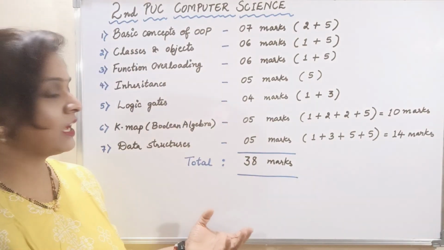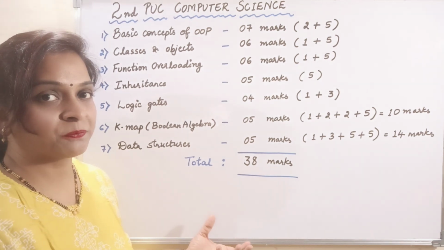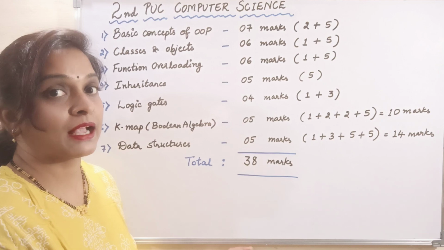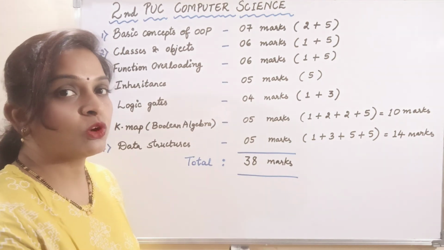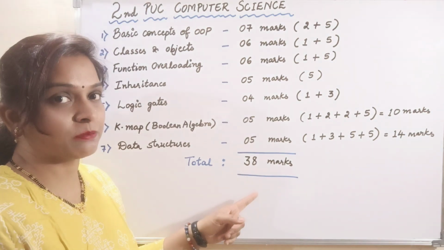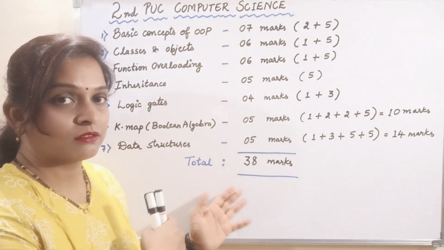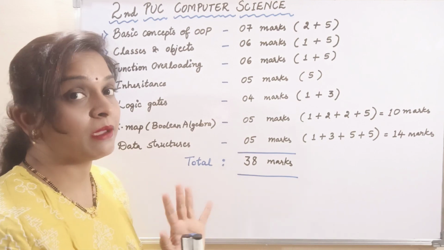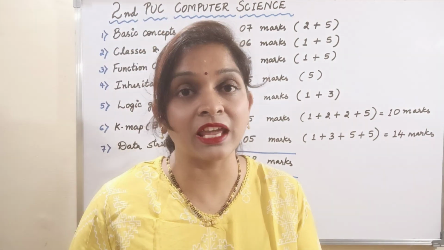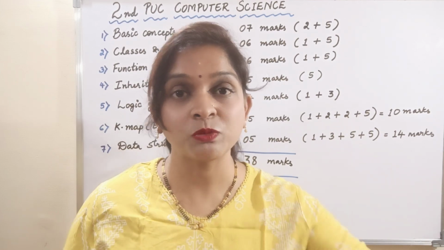So here we have these chapters, the most important chapters, and if you concentrate only on these chapters completely, you can score, see the total, 38 marks. So approximately you can score 21 to 30 marks. See, when we usually say you have to concentrate on the question paper, important questions.